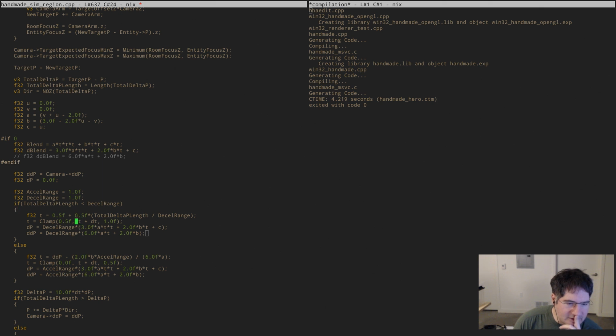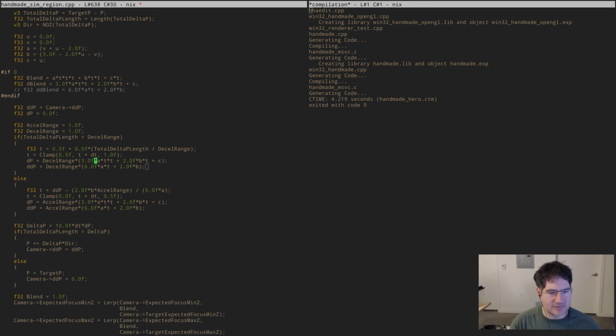And then in the deceleration range, we would just say, all right, map us into however far away we are from the target we're going to, and we'll slowly decelerate there. And if we wanted to, again, we could make this thing just actually take the step by reverse computing what the t actually is doing and doing the lerp, right?